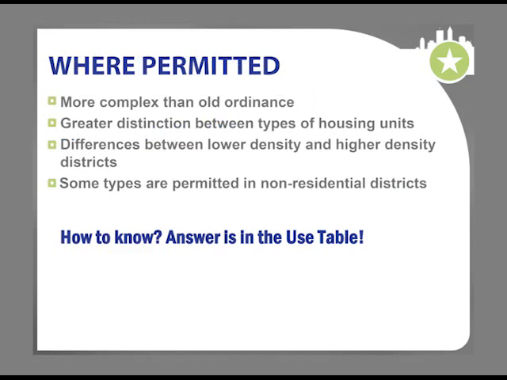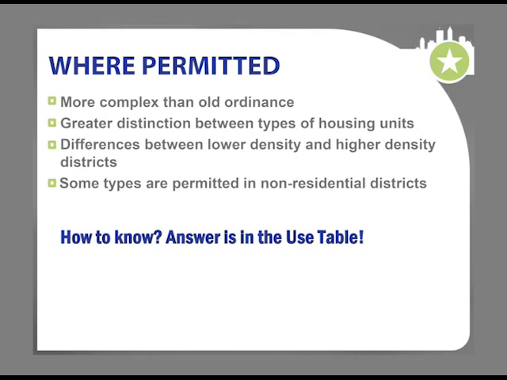So we've gone through the definitions of all these different types of housing units. As I noted earlier, it's more complex than the old ordinance. You now see how we have a greater distinction across the types of housing units. And what that translates into is a greater difference between lower density and higher density dwelling districts.